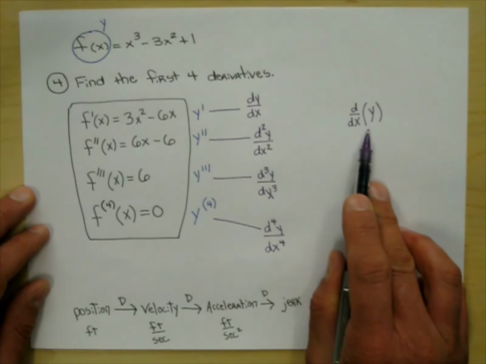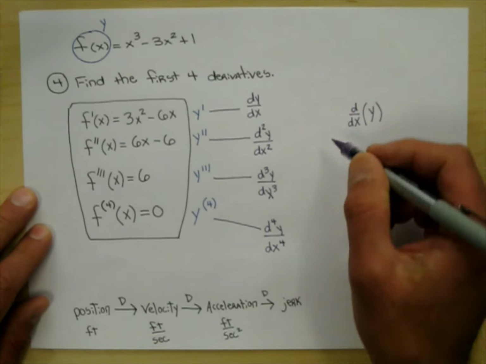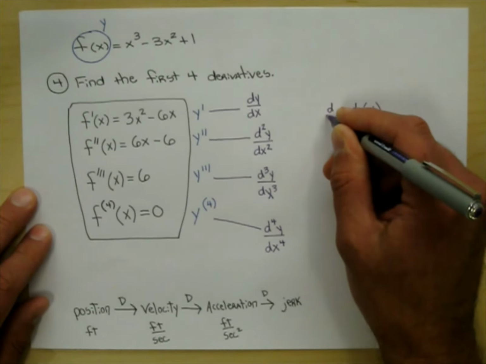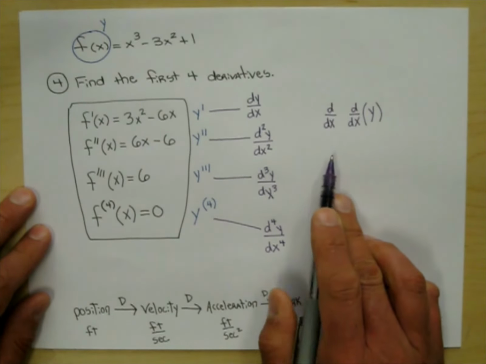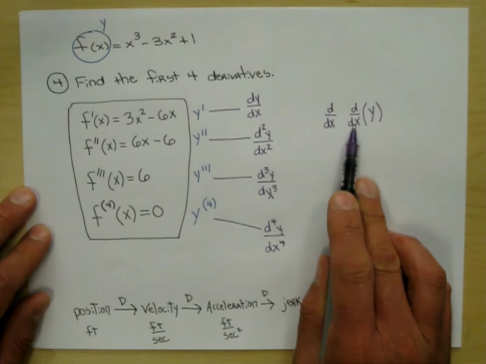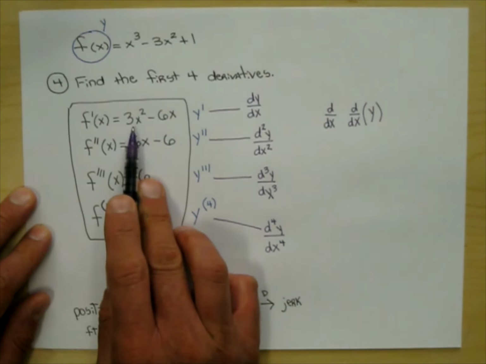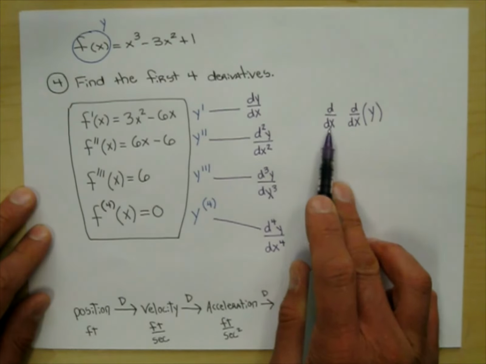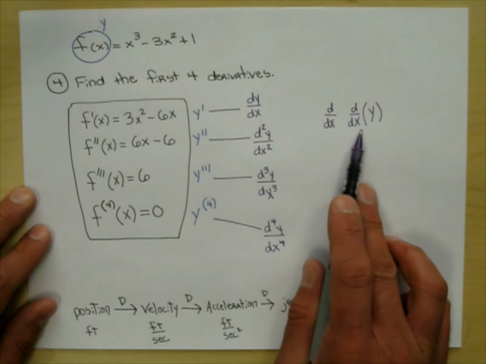But if you wanted to take two derivatives of this, let me go ahead and put another derivative gun in front of that. So I'm going to take the derivative, zap it with the gun, and then whatever this is, I'm going to zap it with the gun again. Okay, so that's how people would write it.